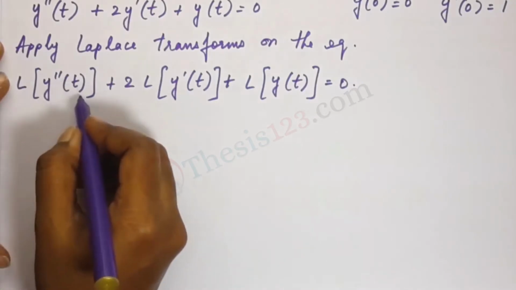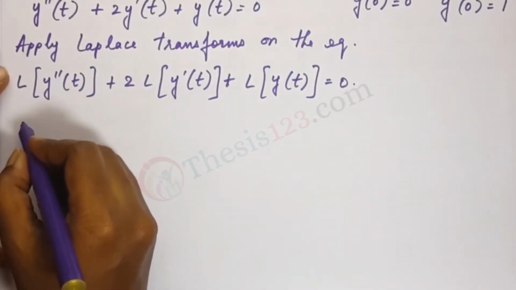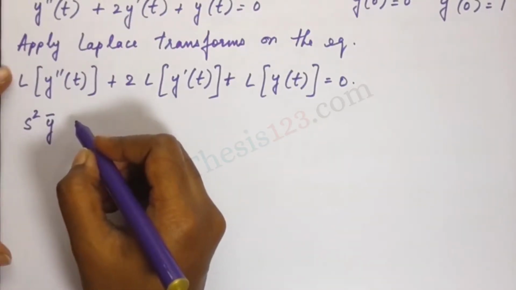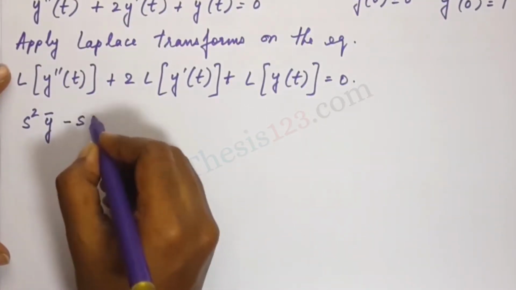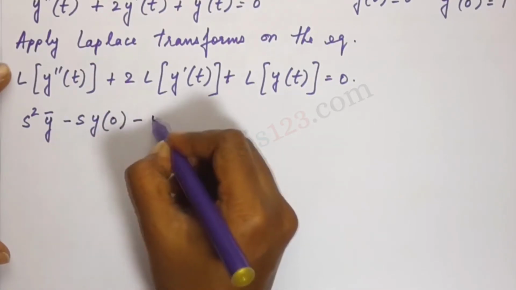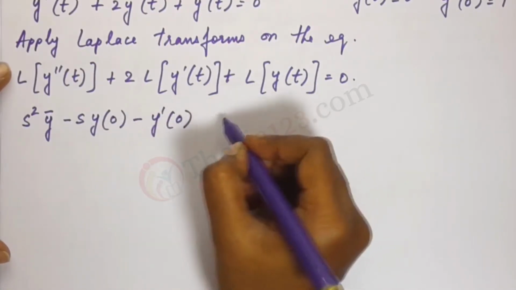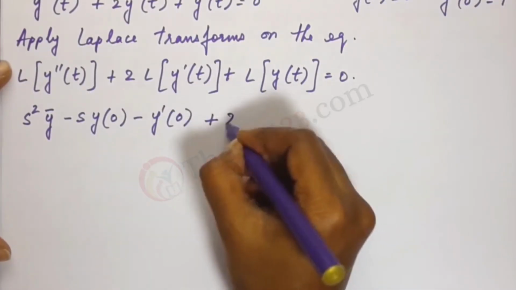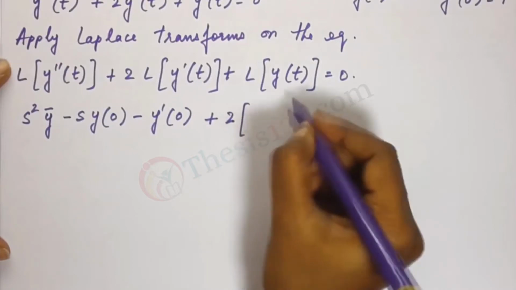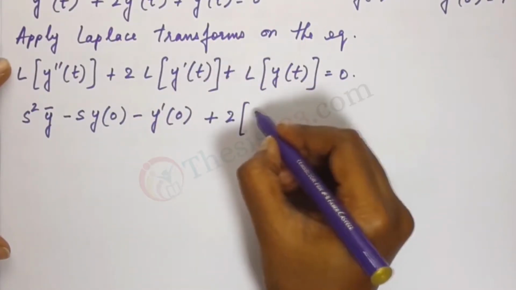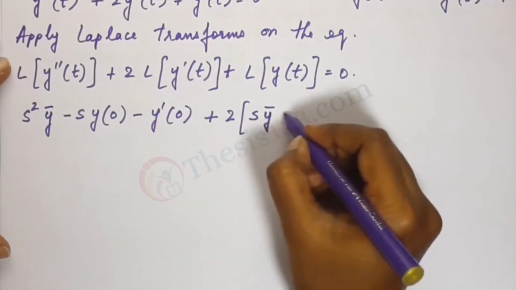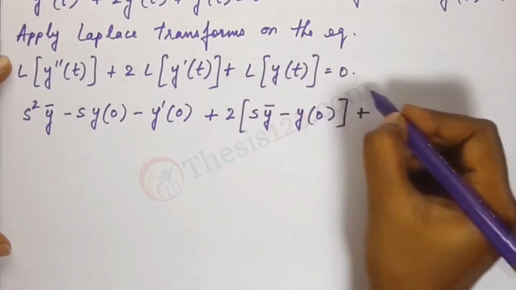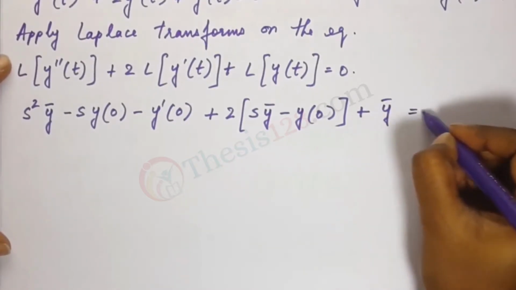Okay, y double dash of t. Now we've seen the formula already. So here we will have s square y bar minus s y of 0 minus y dash of 0 plus, now we're writing the Laplace of this, so it's 2 into Laplace of y dash t, which is s y bar minus y of 0, plus Laplace of y of t, which is y bar.